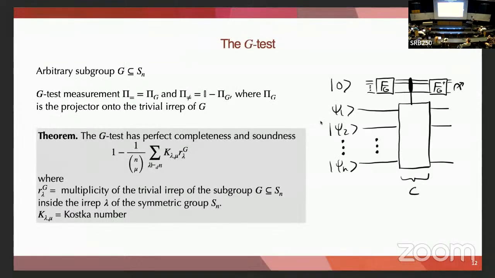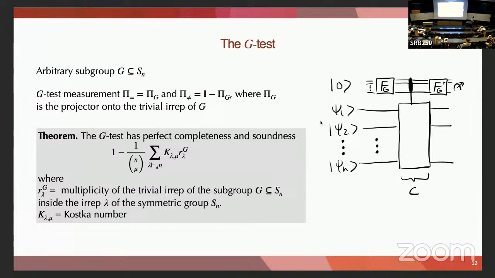As I said before, we also want to consider other tests, which do not use all the permutations of the symmetric group, but only focus on some subgroup. In principle, we can consider an arbitrary subgroup. The G test measurement is basically a projector.